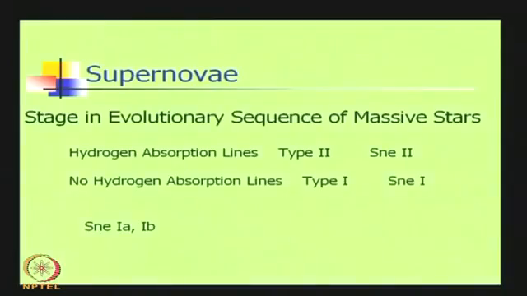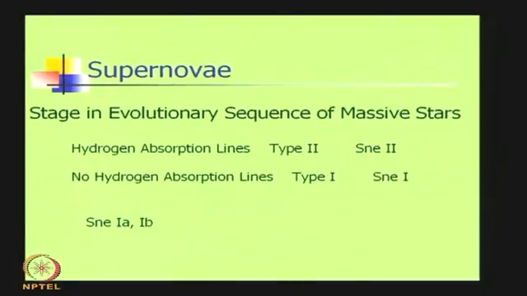Okay. Now, what are supernova? Let me again briefly remind you of this. They occur in the evolution of massive stars, and we have already learned about this when we were discussing stellar evolution. Supernova are denoted by SNe, and they are classified into two, type 1 and type 2.